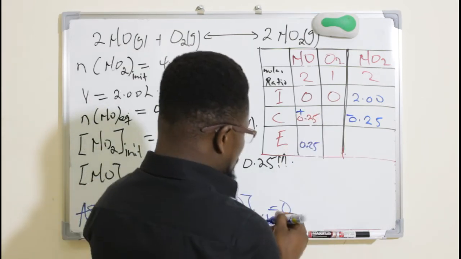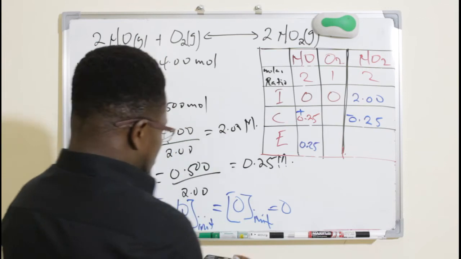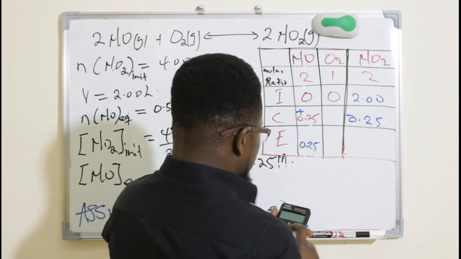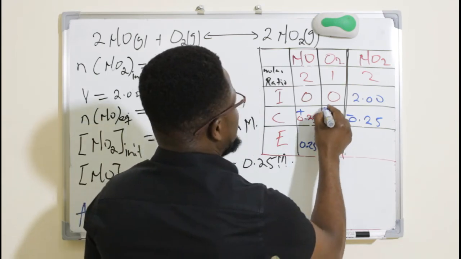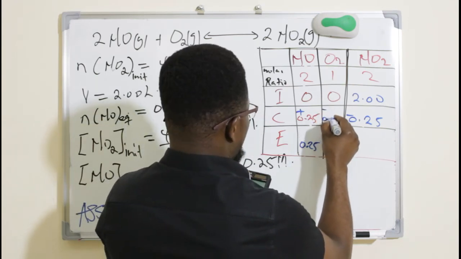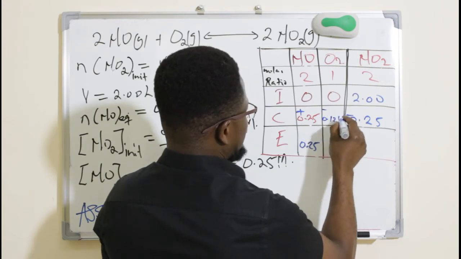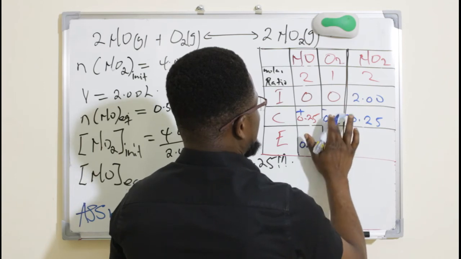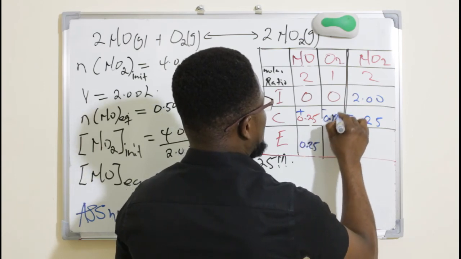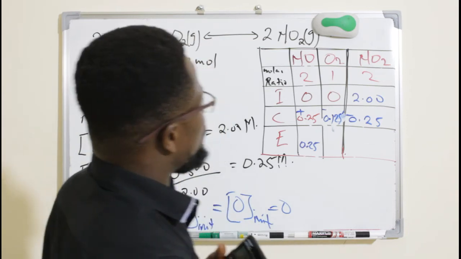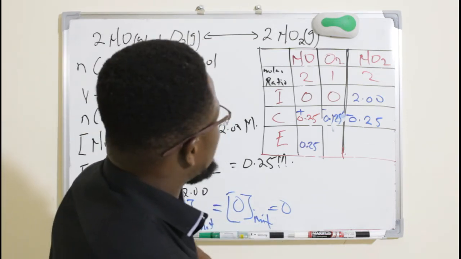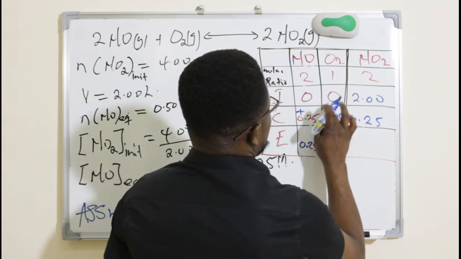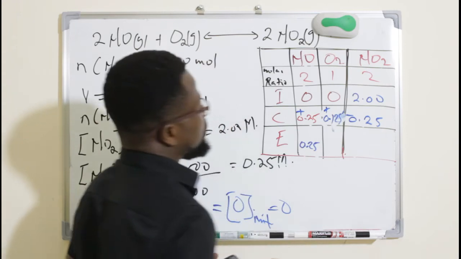For the O2, it's going to be 0.25 divided by 2, and that is going to give us 0.125. Pardon me, I've made the writing very small now. So this is 0.125. Oh, sorry, this is positive, because this is a product, so it's positive.